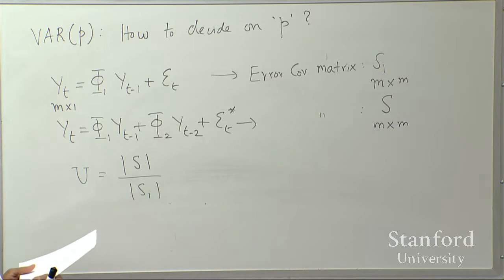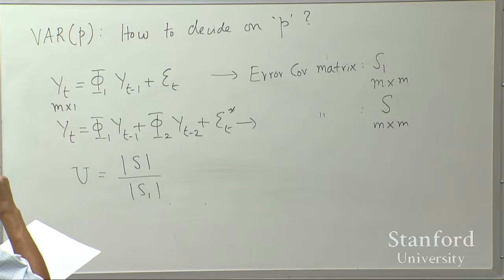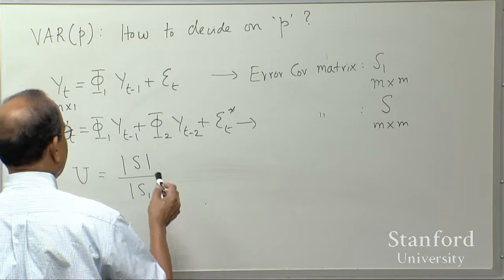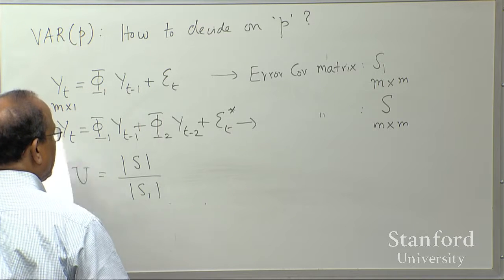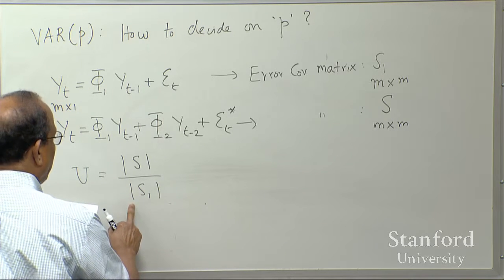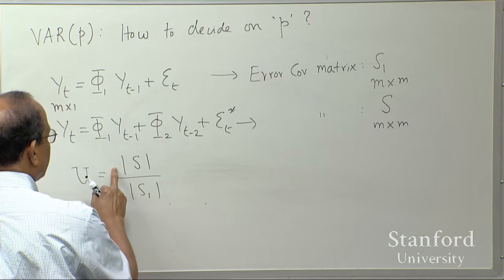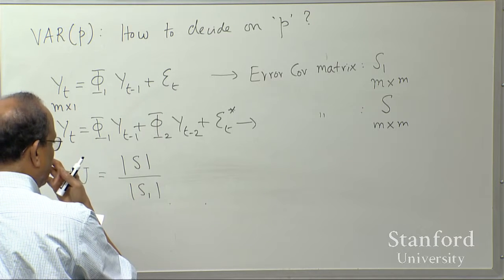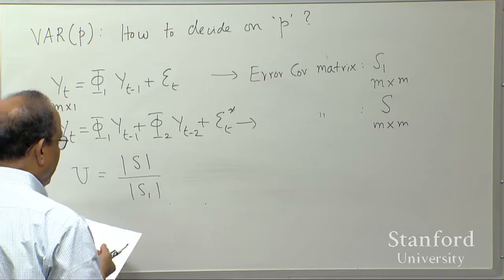Generally that is the logic we use, and depending on the number of parameters that goes in here, I'm just not going to write too much, except to say that because this number is going to be larger than this number here, you should expect U to be a fraction.